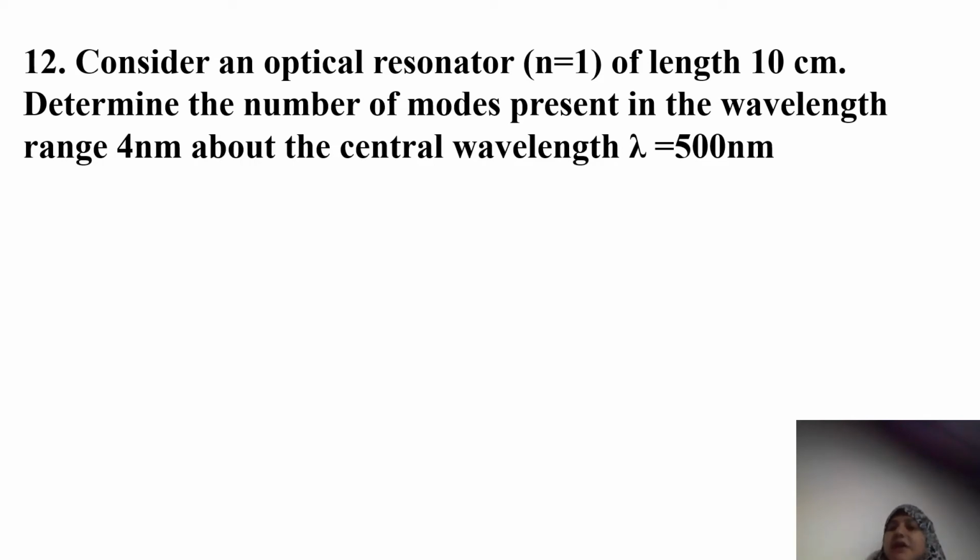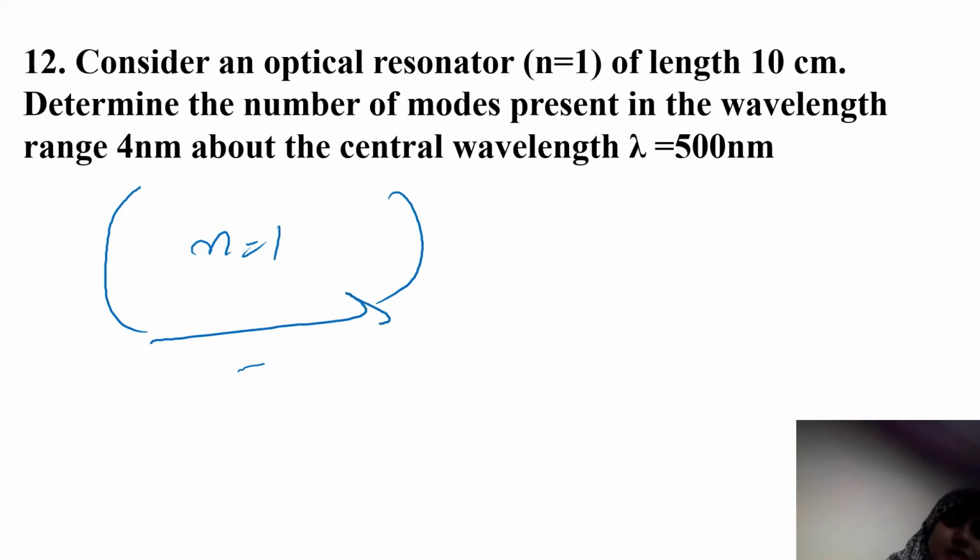We know the length of the cavity is 10 centimeters, and we need to determine the number of modes present in the wavelength range of 4 nanometers above the central wavelength.